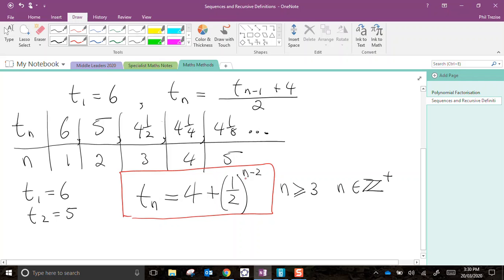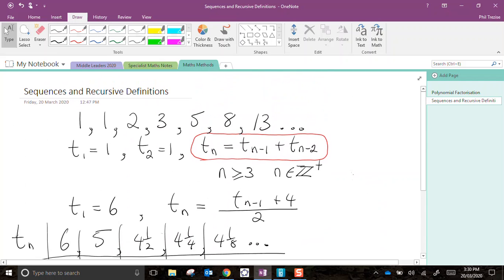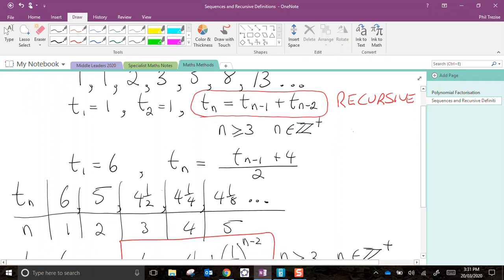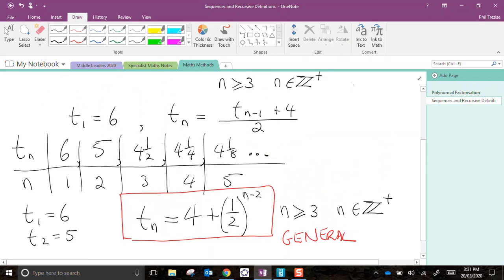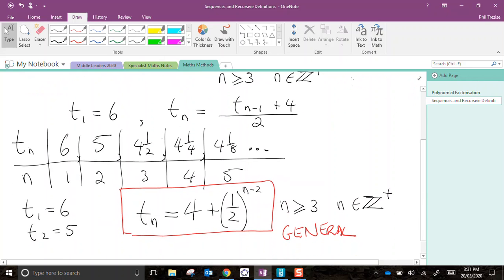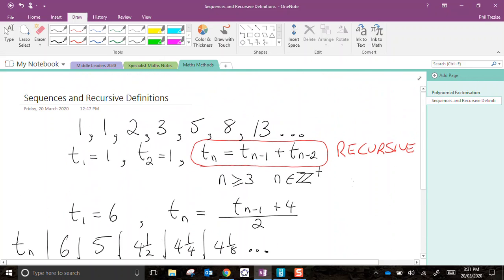And we would call that the general term, because that formula refers to n as a variable, not Tn, not a previous term in the sequence. So that's the difference between that one, recursive, which refers to previous terms in the sequence, and this is a general formula. Well, from 3 onwards, because that is going to be referring to the pronumeral n rather than previous terms.